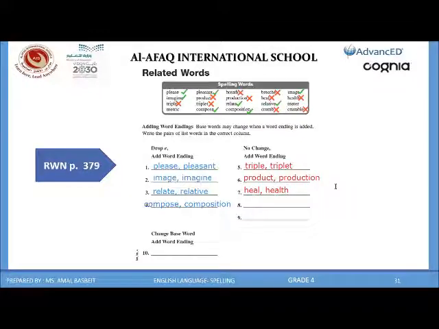And then the next word is crumb, crumble. Crumble. Okay, and then the next word is production, crumble, and then what else?